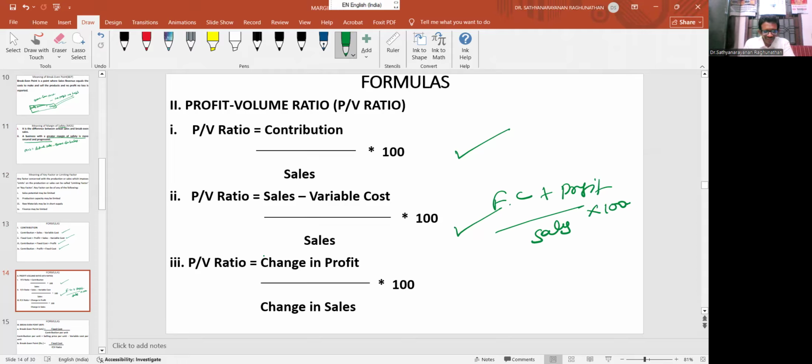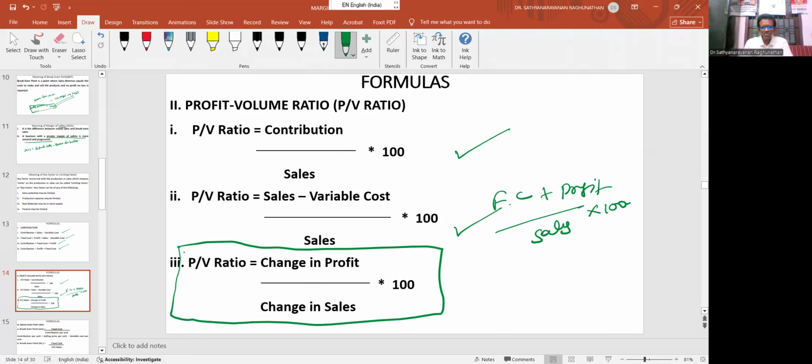And then the final third formula here is change in profit divided by change in sales into 100. Under what circumstances will you use the third formula? In a question, if they have given the sales for 2 years and profit for 2 years, you have to make the comparative analysis.